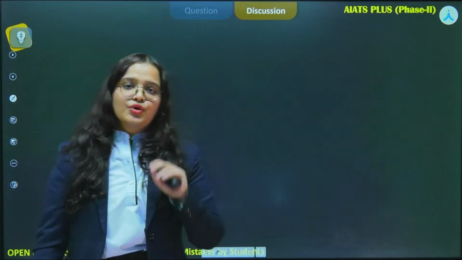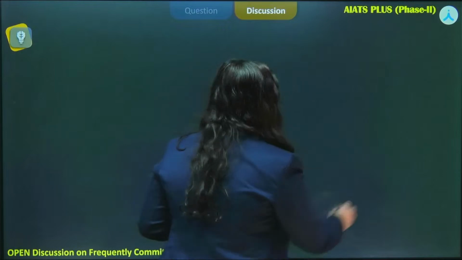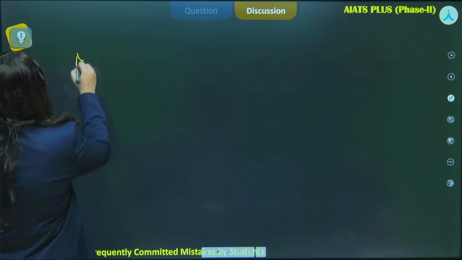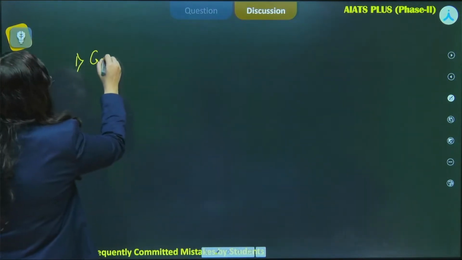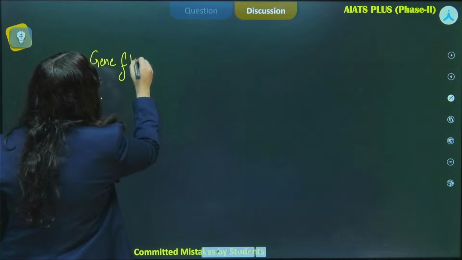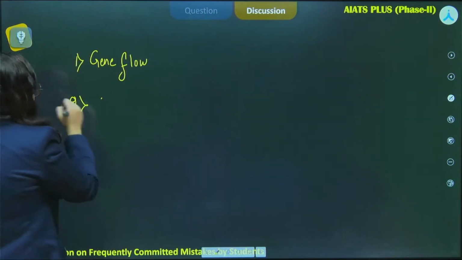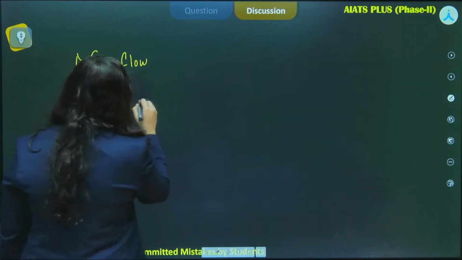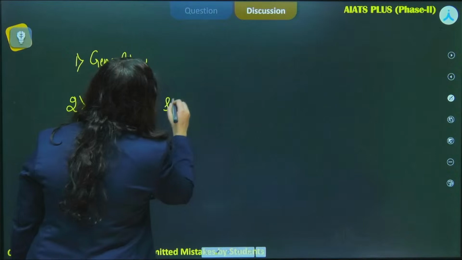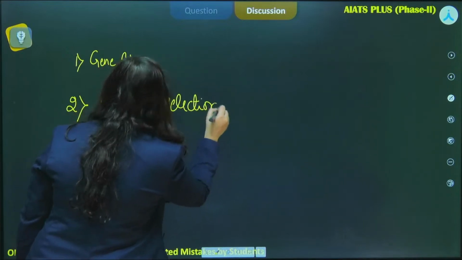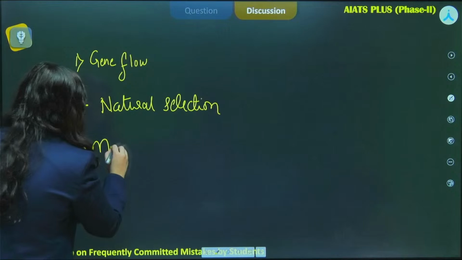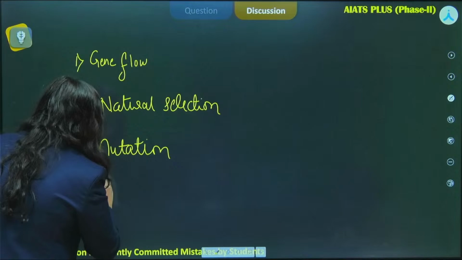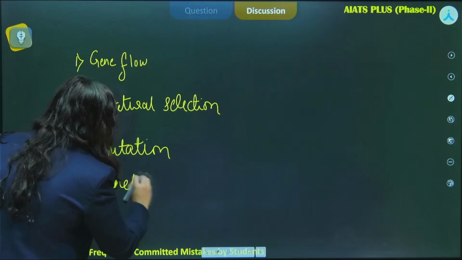So those factors were, first and foremost, gene flow, then we have natural selection, also we have mutations, then we have genetic recombination.